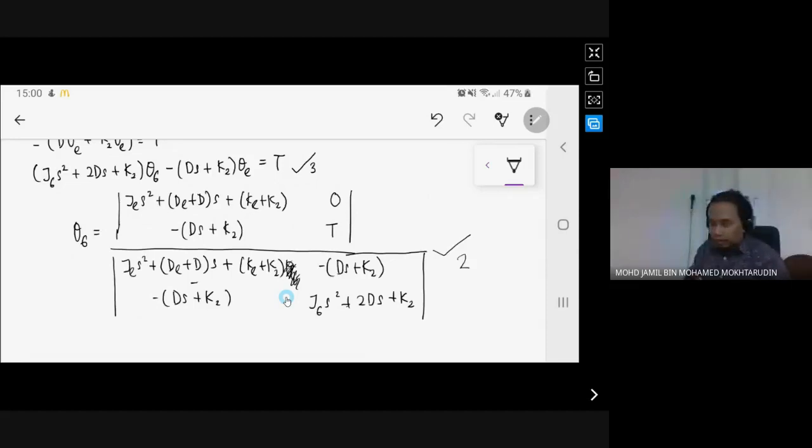Okay, so if you have theta 6 in determinant form, you get 2 marks. And then if you simplify the final answer, you get 1 more mark.